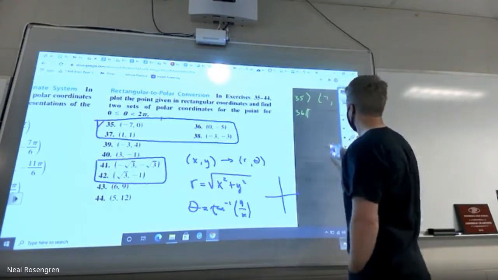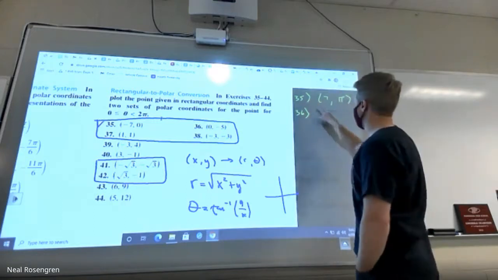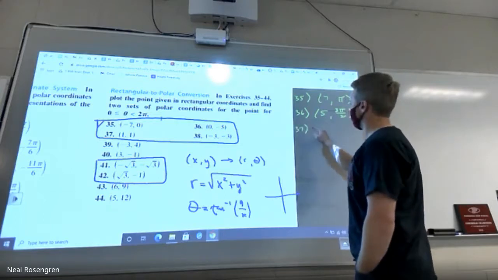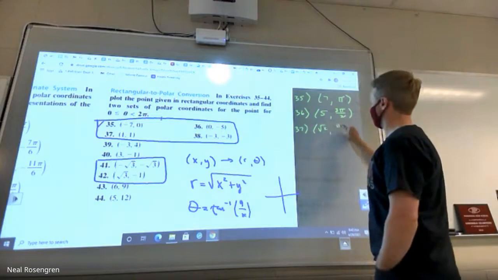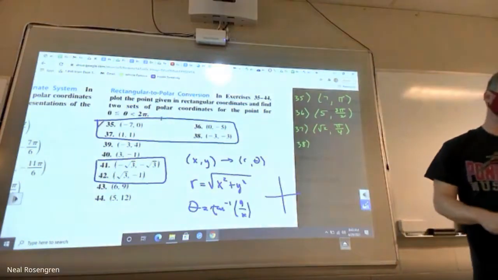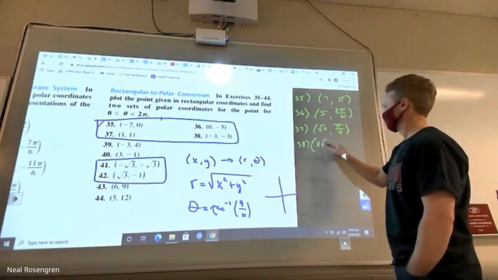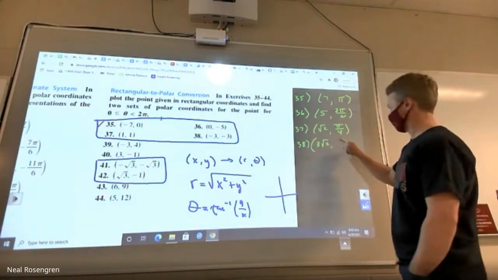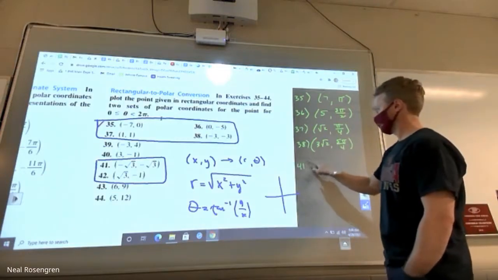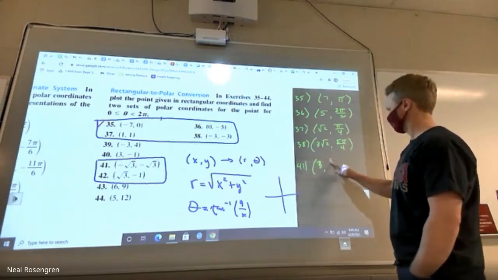Okay, 36 is 0, negative 5, so that'd be 5, and then 3 pi over 2. 37 is root 2, and then pi over 4. 38, that's got to be 3 root 2, and then 5 pi over 4. 41 would be 3, comma, same angle, 5 pi over 4.